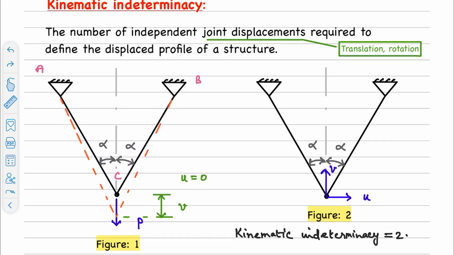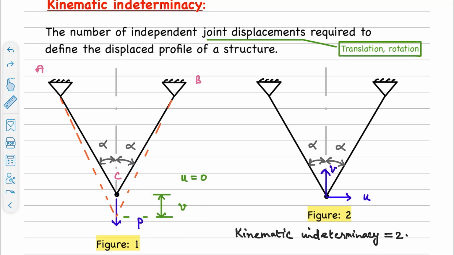The truss will be displaced, which is given by the orange dashed line. So this joint comes down to this position. And because of the symmetry condition here, we can say the horizontal displacement of this joint is 0 and there is an unknown vertical displacement.